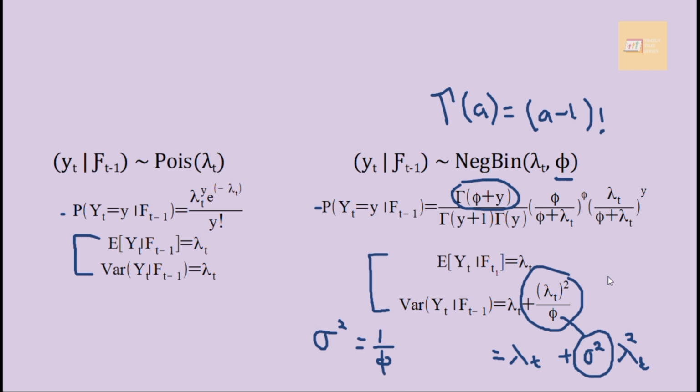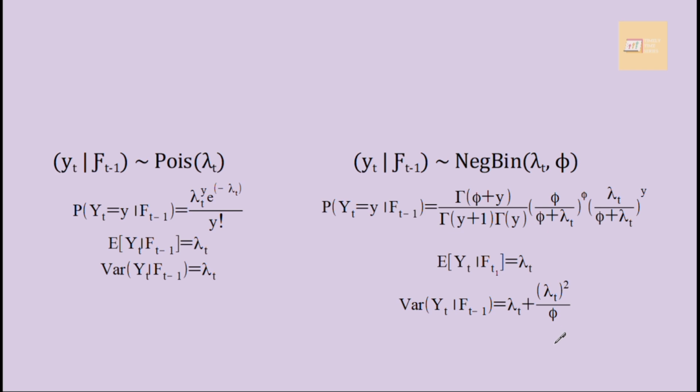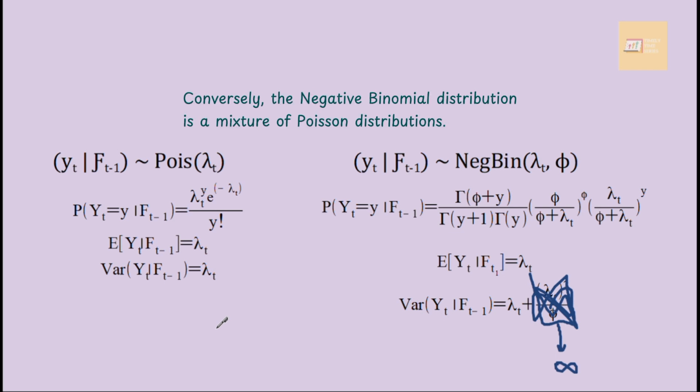Notice that if phi gets larger to infinity, then this term would be 0. We won't have this term, and therefore the mean and the variance would be the same, just like in the Poisson distribution. So actually, the Poisson distribution is sort of a special case of the negative binomial distribution.